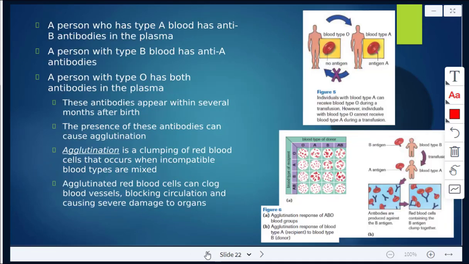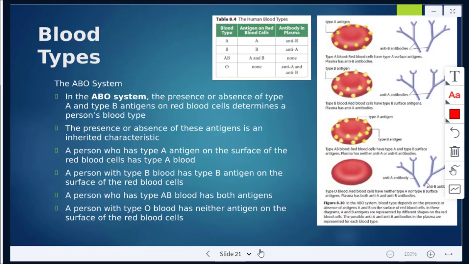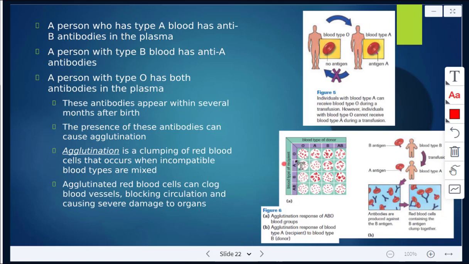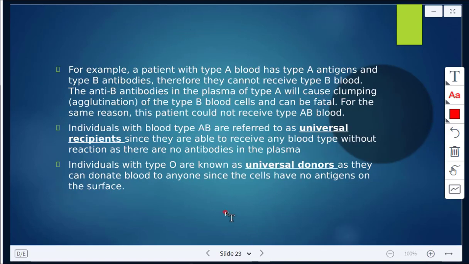All right, but keep in mind that a person that has type O as a recipient can only receive type O blood. All right, so type O is a universal donor. Type AB, they're universal recipients.